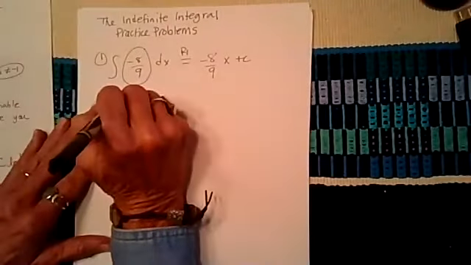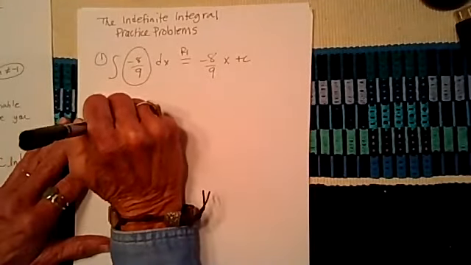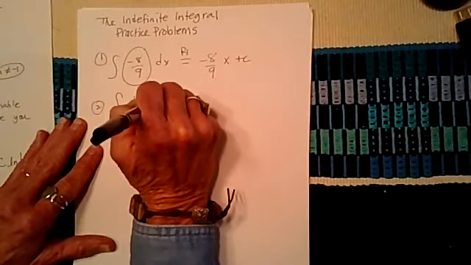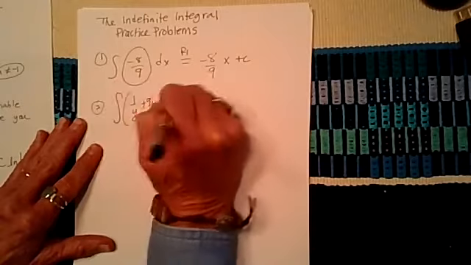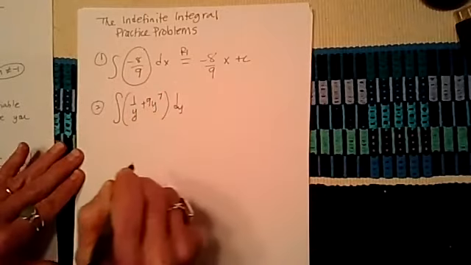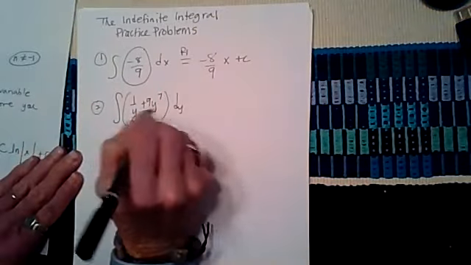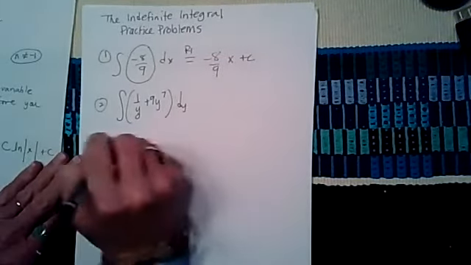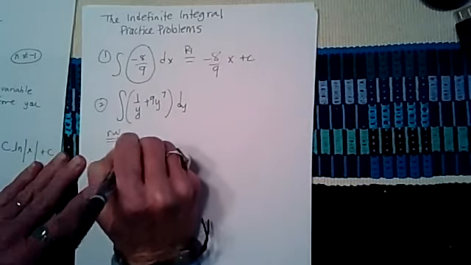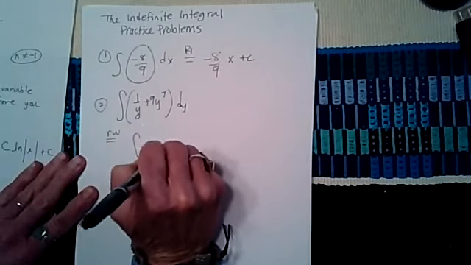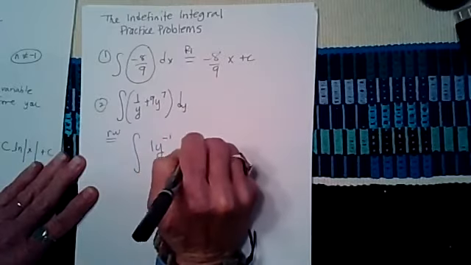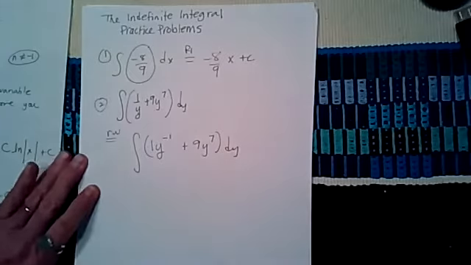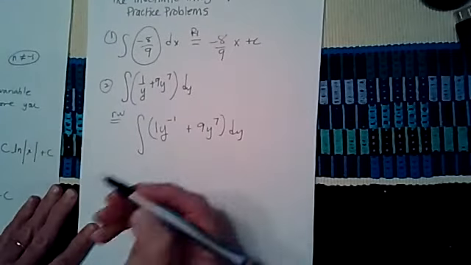So question number 2 is the integral of 1/y plus 9y to the 7th dy. Well, remember, before I can use any of my rules, I always want to move the variable term up. So I'm going to rewrite that as the integral of 1y to the -1 plus 9y to the 7th dy. Okay, so I always just go ahead and try.